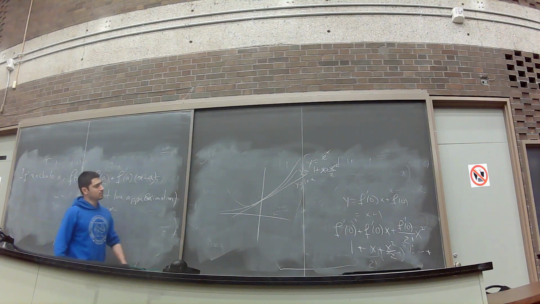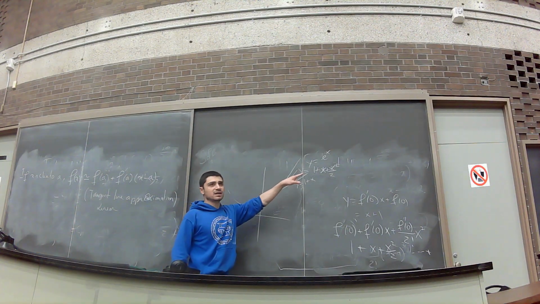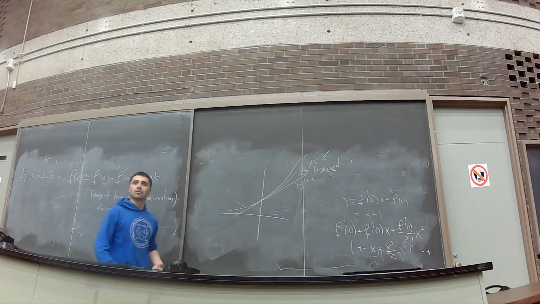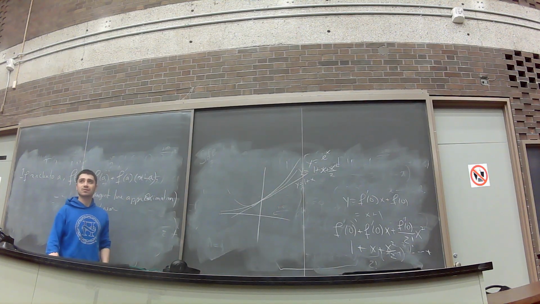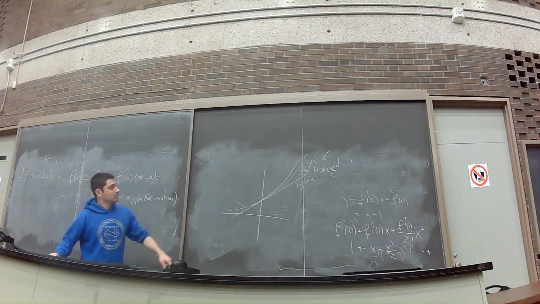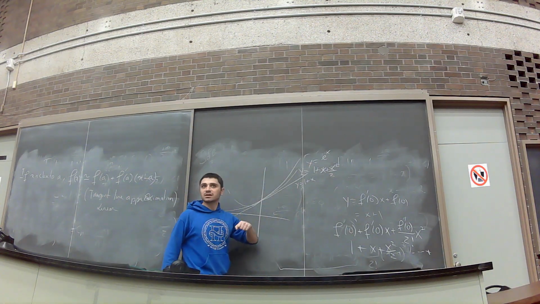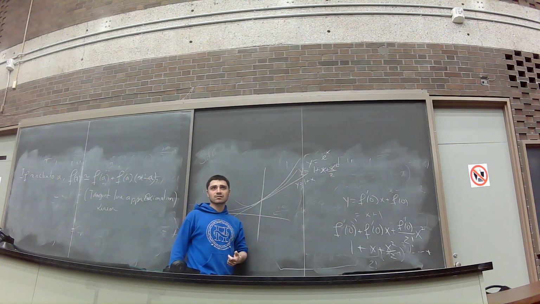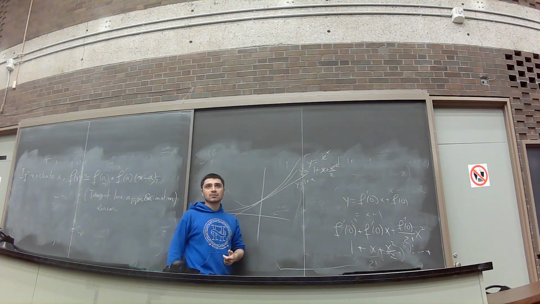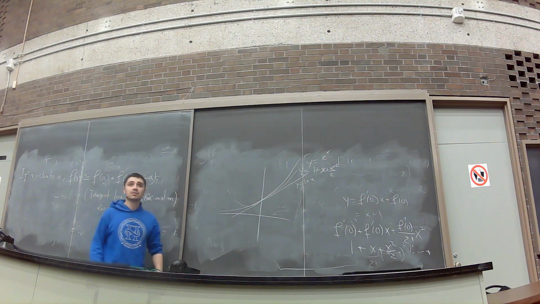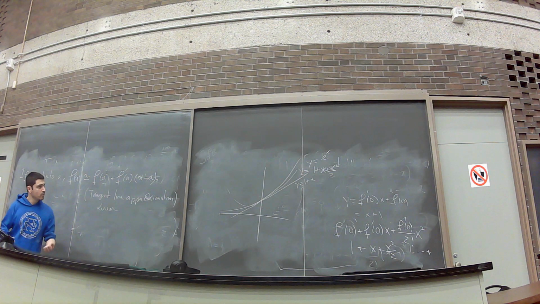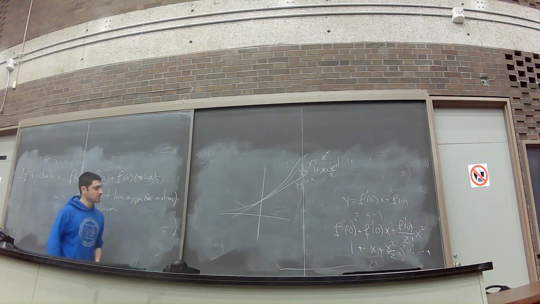What is a better approximation? 1 plus x or 1 plus x plus x squared over 2? What looks like a better approximation? The parabola lies between the line and the curve I'm approximating. Isn't that right? You see that? So the parabola is a better approximation, right?